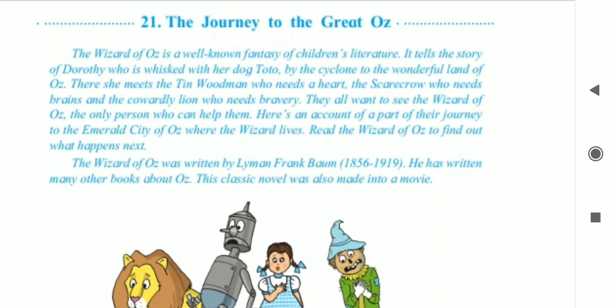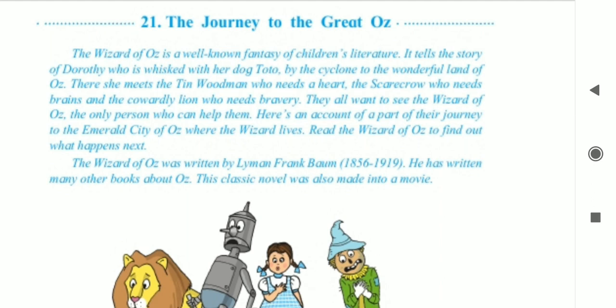The Wizard of Oz is a well known fantasy of children's literature. It tells the story of Dorothy, who is whisked with her dog Toto by the cyclone to the wonderful land of Oz. There she meets the Tin Woodman who needs a heart, the Scarecrow who needs brains, and the Cowardly Lion who needs bravery.